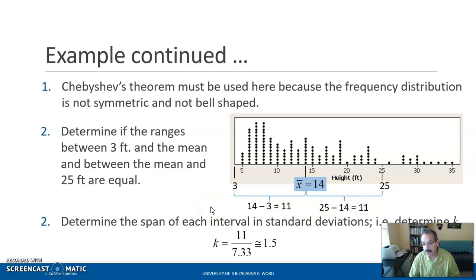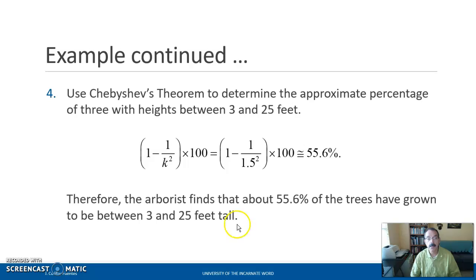To find how many standard deviations are spanned by these intervals, we calculate k, which is 11 divided by 7.33, about 1.5 standard deviations. So with this number, now that we know k, we can apply the Chebyshev's theorem equation. We have 1 minus 1 divided by 1.5 squared. If you compute that and multiply by 100, it's about 55.6%.